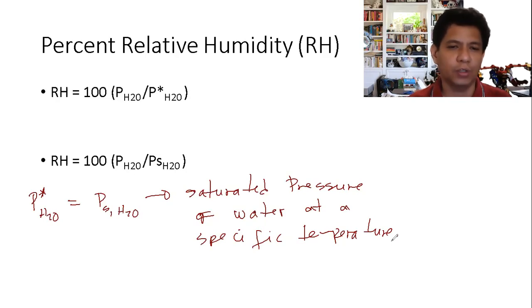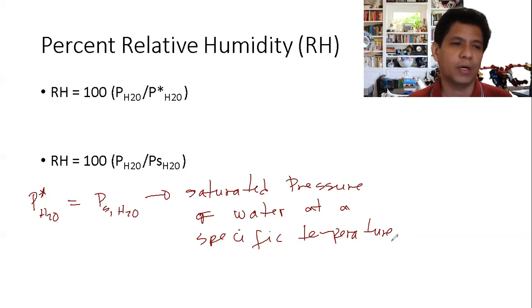You could also use the internet to find the P star H2O or the PSH2O. So RH is simply 100% times pH2O divided by P star H2O.